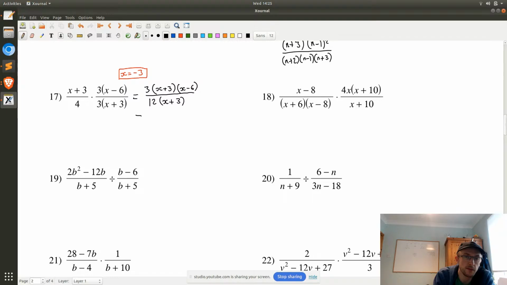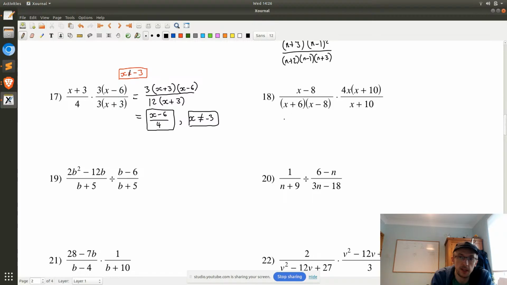Now make the full simplification, and we go cancel, cancel. So (x - 6) over 4. And x cannot equal -3. Right?